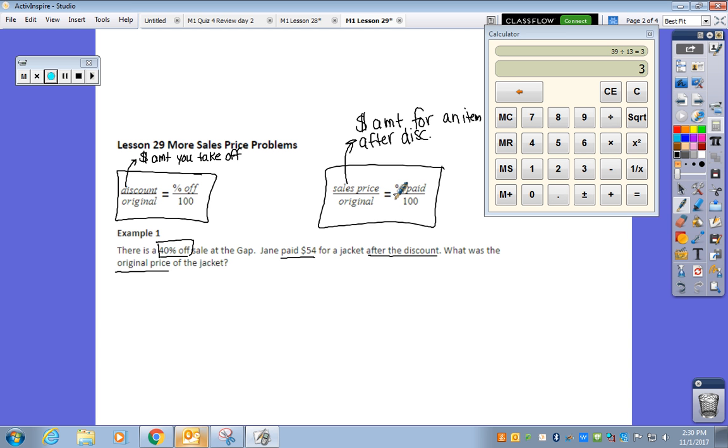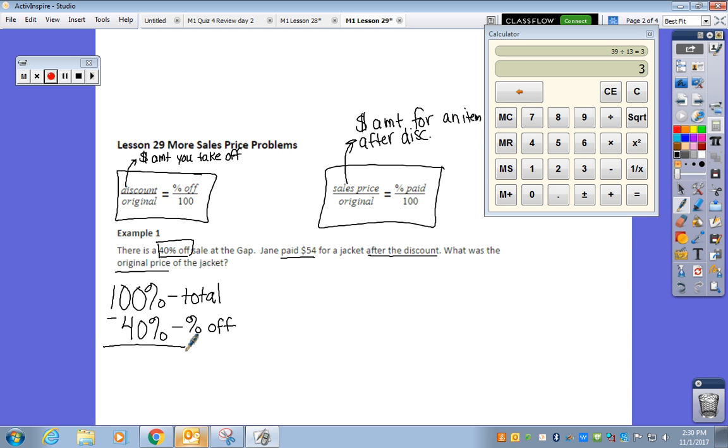And if I have a sales price, I need to see which percent I paid for the item. To find the percent that you paid for an item, you can use subtraction. So we have a total of 100%. We're taking 40% off of that original priced item. So this is our percent off.